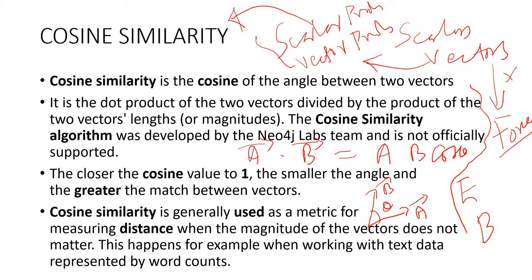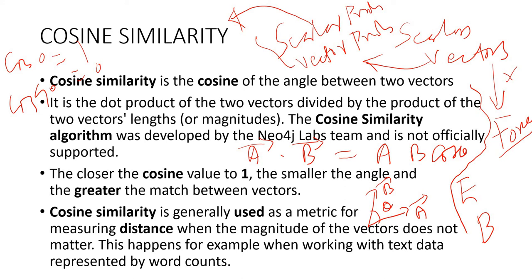We know the values of cos: cos 0 is equal to 1 and cos 90 is equal to 0. We learn it in math. So the closer the cosine value to 1, the smaller the angle and the greater the match between the two vectors.